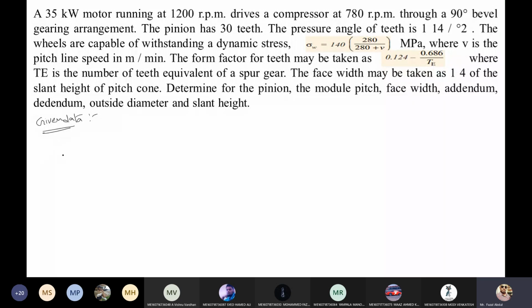Now the first thing is the power, how much power is transmitting: the power is 35 kilowatts. So I'm writing 35 into 10 to the power of 3 watts. The motor has this much power and is running at 1200 rpm.